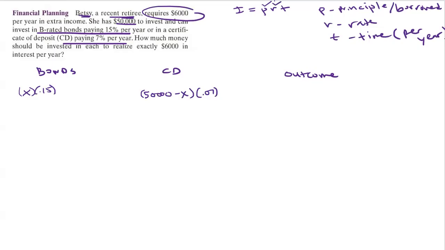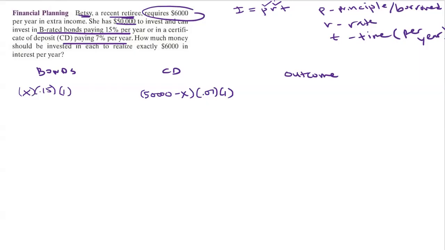And then this is what? Per year, right? So she's trying to figure out how much she needs to invest in each to get $6,000 per year. So in this case, time is just going to be one. Okay, so for that 1 year. Everybody okay with that? Okay.